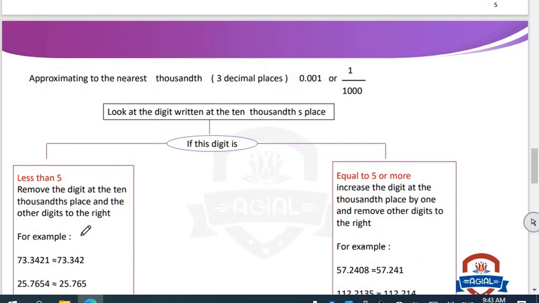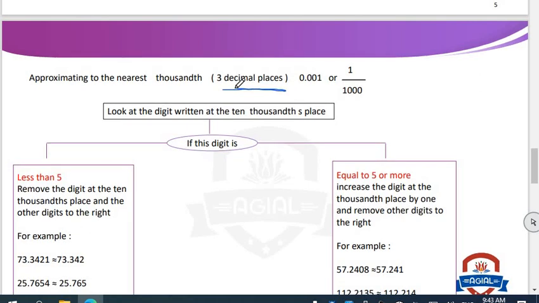Okay, after approximating to the nearest hundredths, now we will learn how to approximate to the nearest thousandth, or 3 decimal places. Okay, hundredths, 2 decimal places, but thousandths, 3 decimal places, or we can say 0.001 or 1 over 1000.